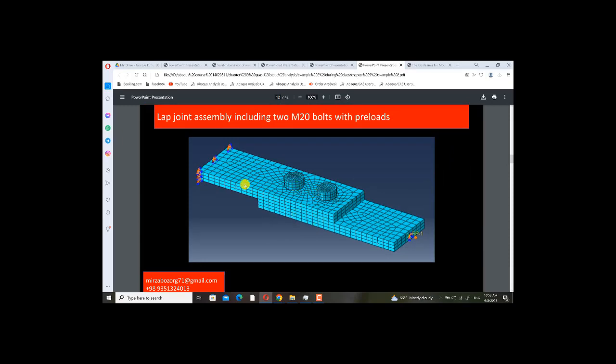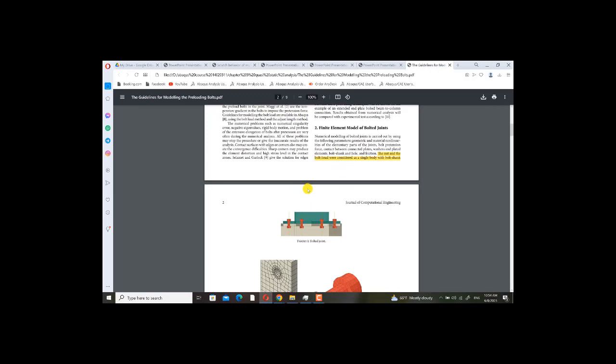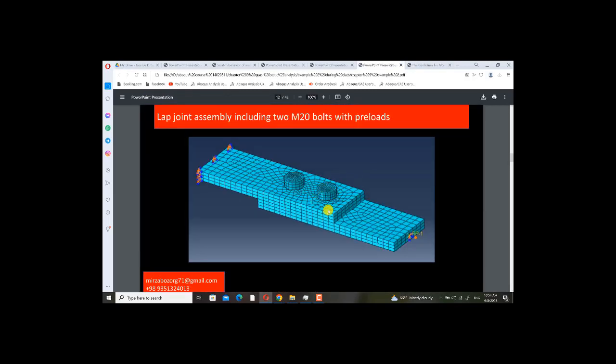They are preloaded, and this face is fixed, and this face will move, and we apply displacement control loading to this face, and you can see the mesh. I will generate this model according to the points written here.